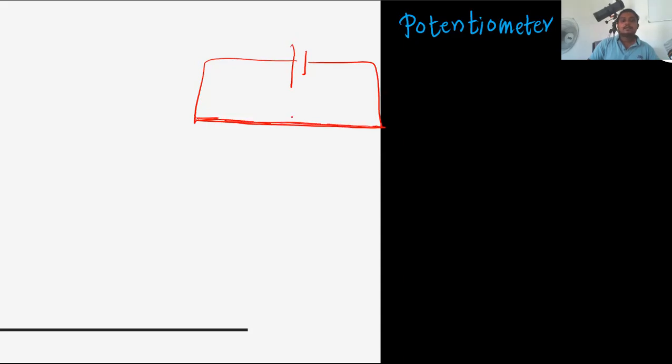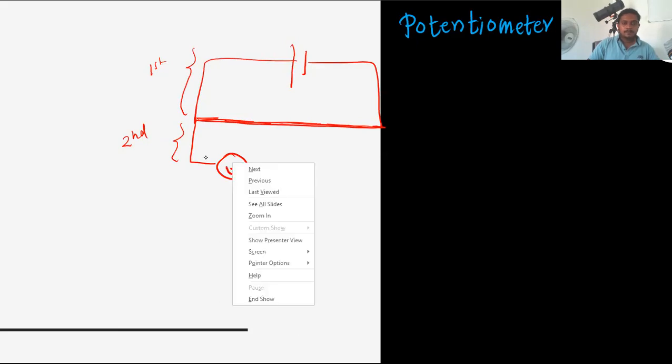It can be any value. You have the first circuit here, and on this side you have the second circuit. Normally we can compare batteries here, and we can do lots of experiments using this circuit.